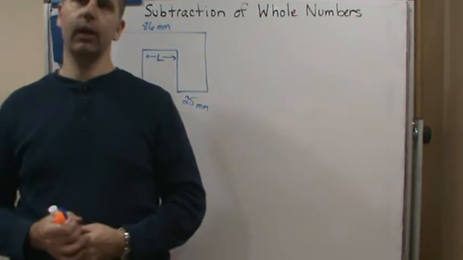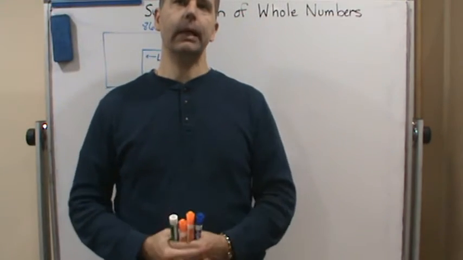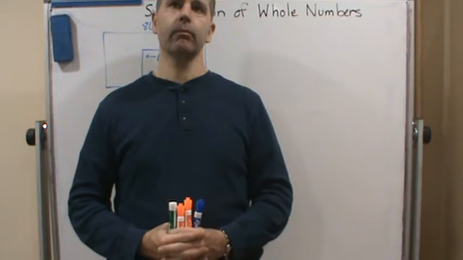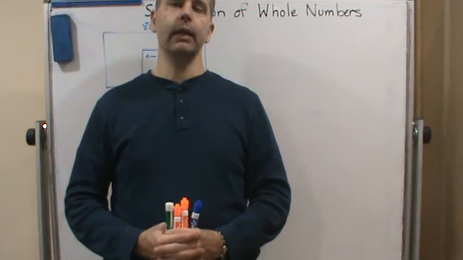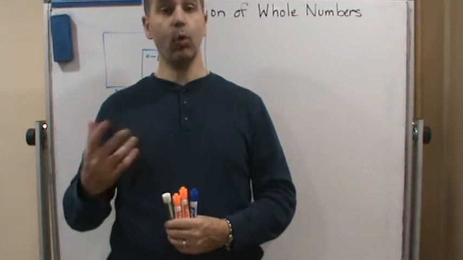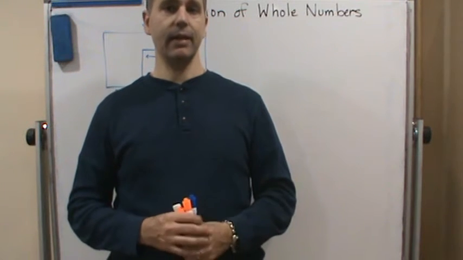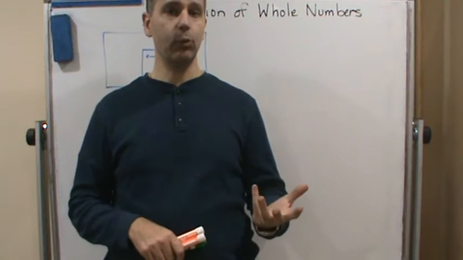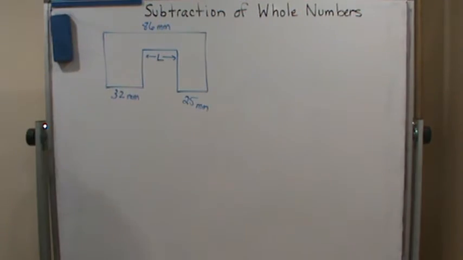what else? Oh, how much less, right? How much more, how much less is this? Those are all key words to let us know that we're dealing with a situation of subtraction.